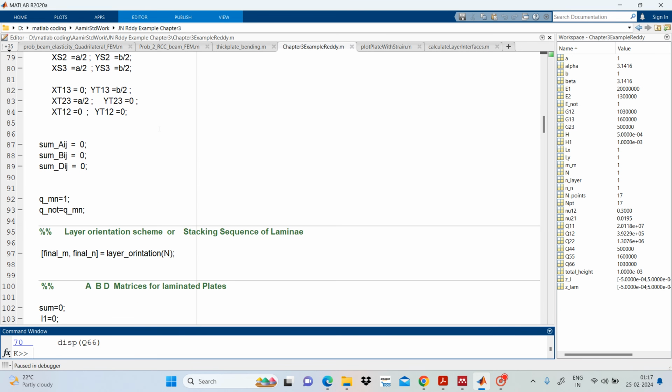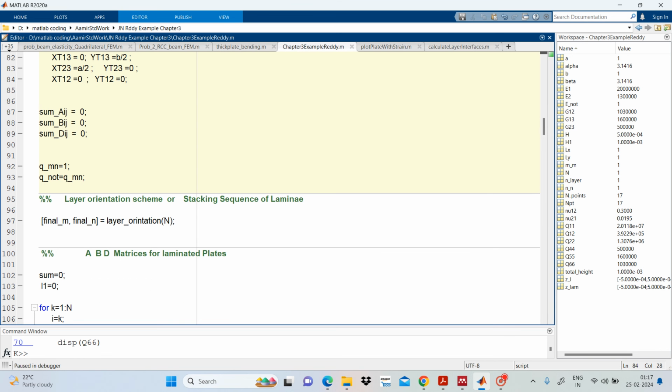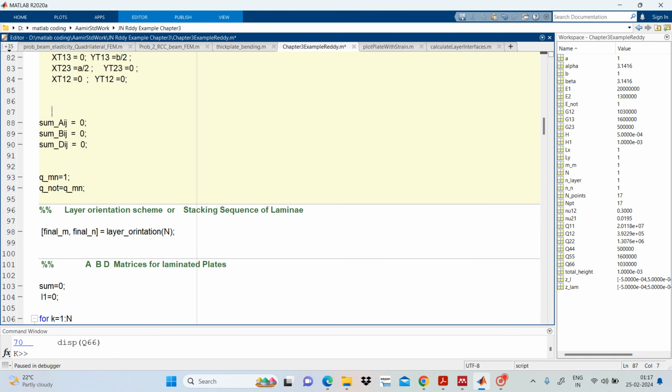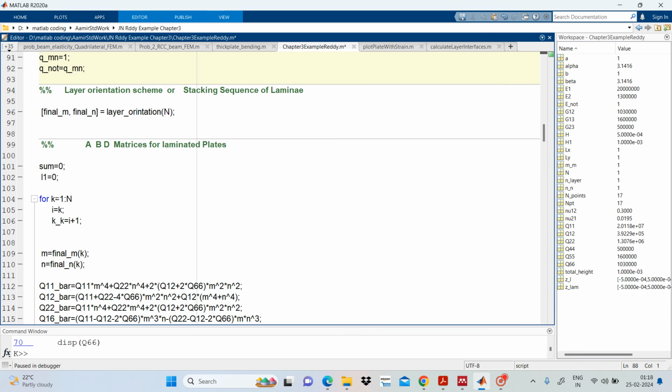So these are the coordinate points. Right now we are not going to plot anything, so it would not be of much use at this position. Now from here we have initialized some zero matrices: the A matrix, B matrix, and D matrix as Aij and so on. Then we can do one thing. We should cut it here, and we should keep it here.